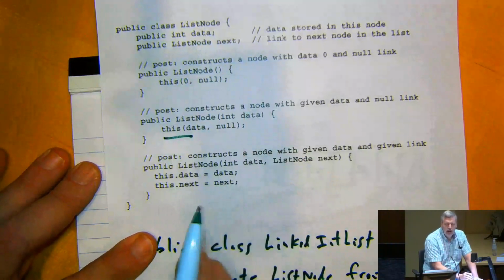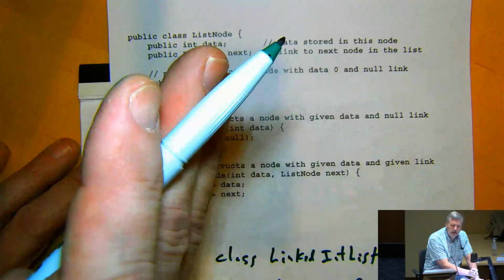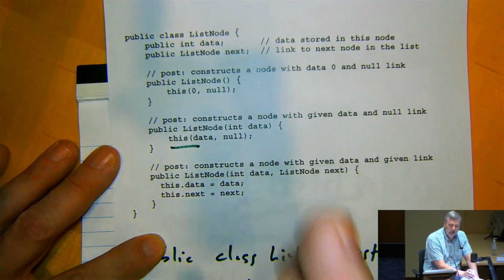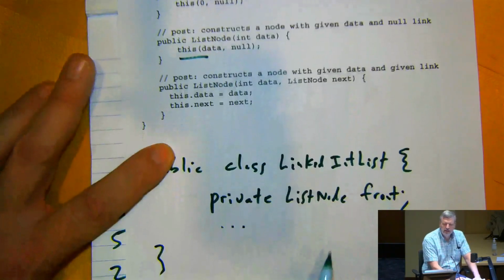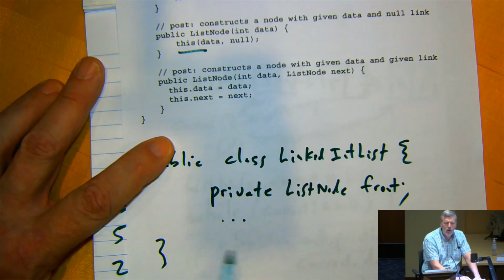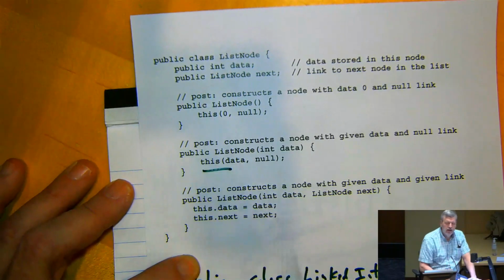So the list node class is entirely on the implementation side of things. It's used in the implementation, but the client has no way of even knowing that such a thing exists. So the client will have no access to nodes, which means that we can relax and have public fields here.